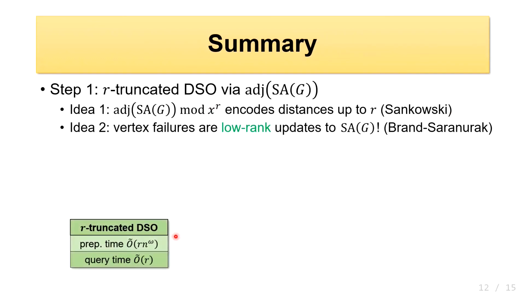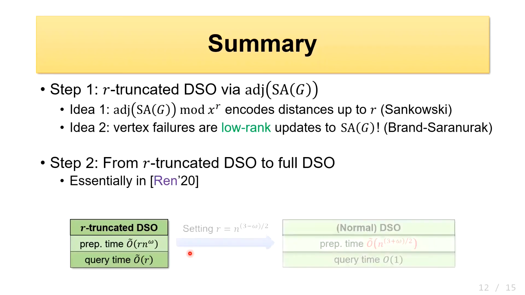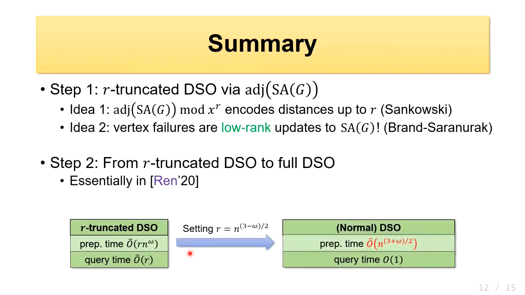So after step 1, we have an R-truncated DSO. Step 2 is to boost the R-truncated DSO to a full DSO, which is essentially the same as in my previous ESA paper. And if we set R appropriately, we obtain preprocessing time roughly n to the (3 plus omega) over 2. And if we use some rectangular matrix multiplication, the preprocessing time becomes like n to the 2.5794.